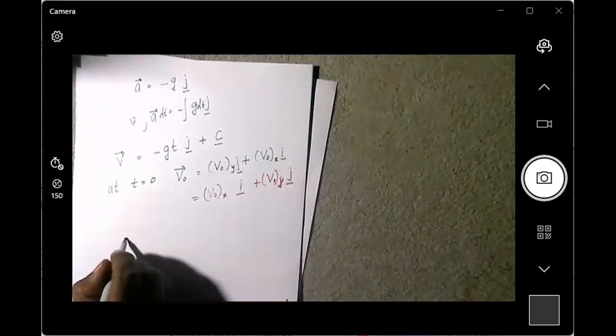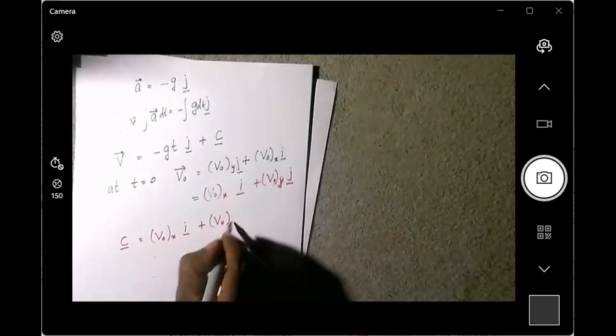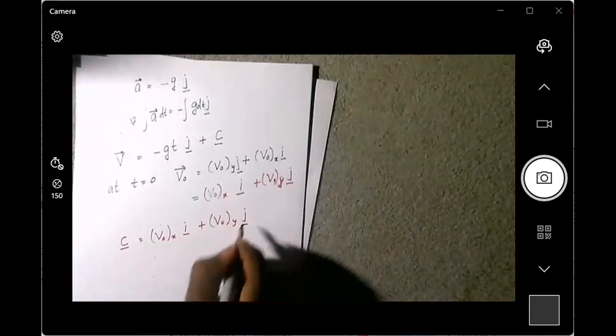So apply it here. t is 0, so this term is not there. So you get C as v naught x i plus v naught y j.